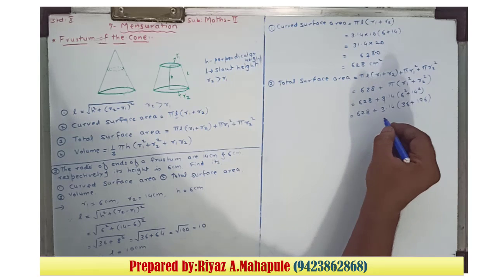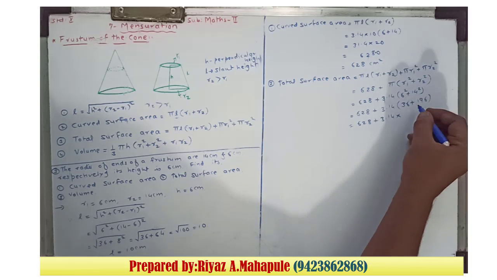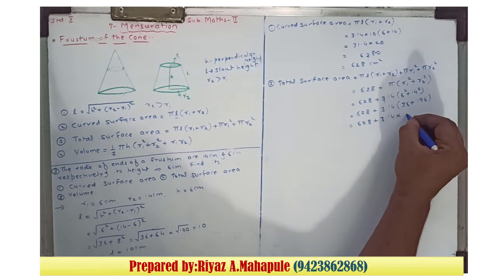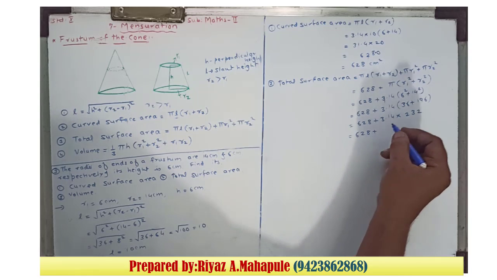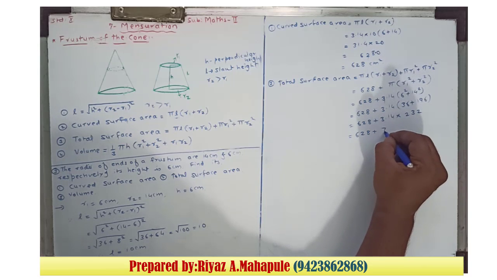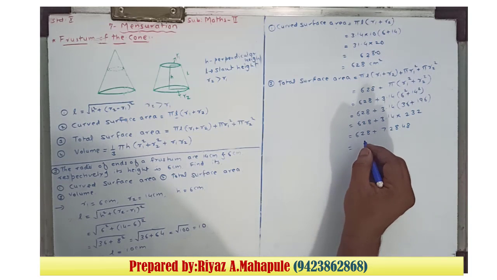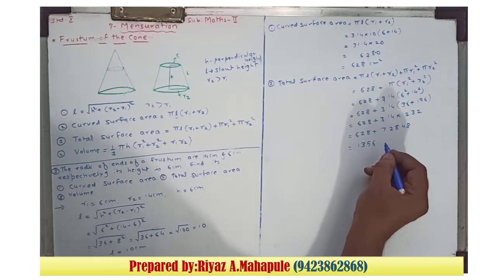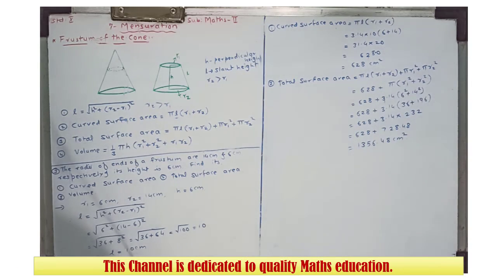Addition of both the terms gives 232. So 628 plus 3.14 into 232, and that multiplication gives 728.48. Adding both the terms you get 1356.48 centimeter square. In this way you find the total surface area of the frustum.